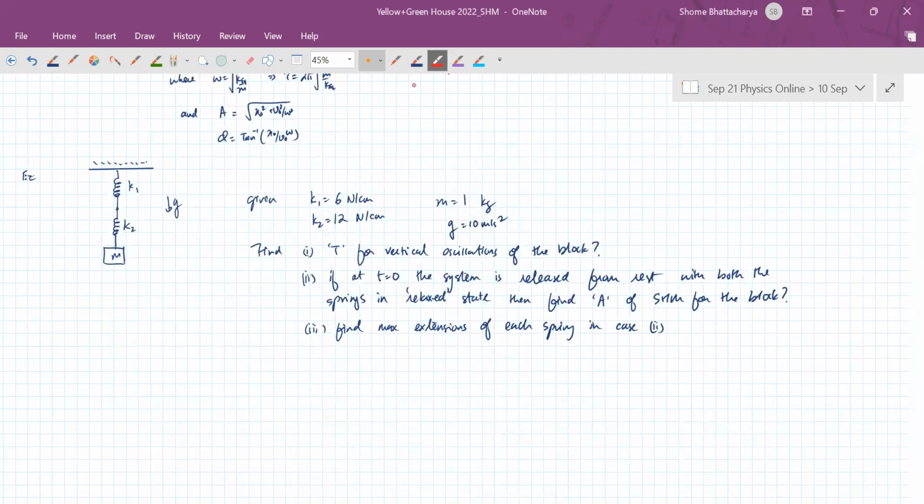So let's look at the first part of this question. What you can do is you can take this combination of springs as equivalent to a single spring.